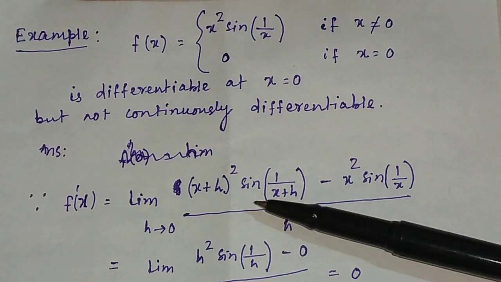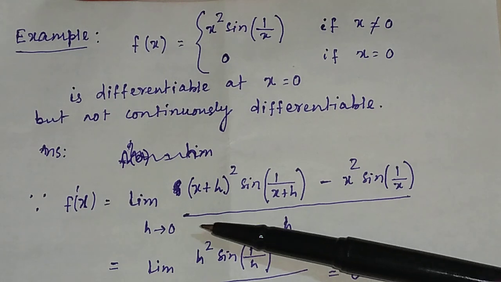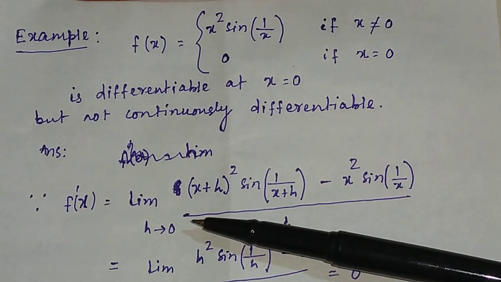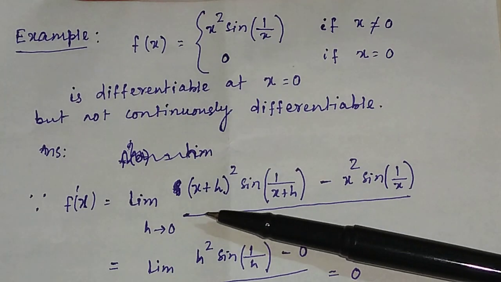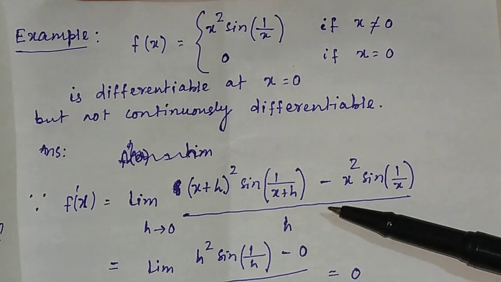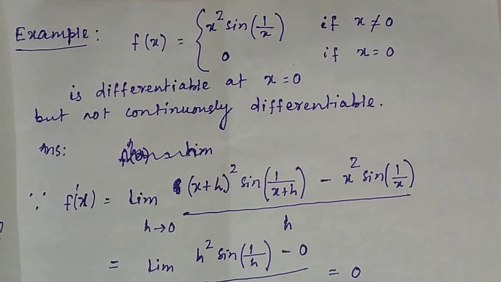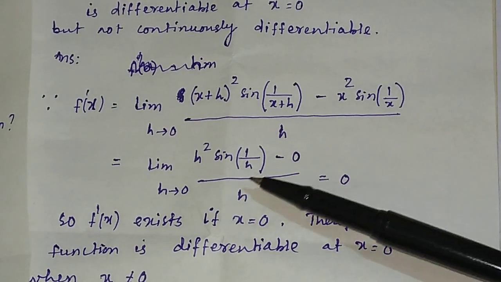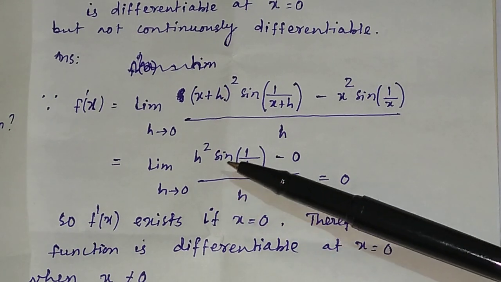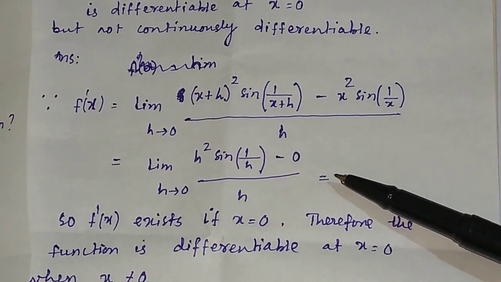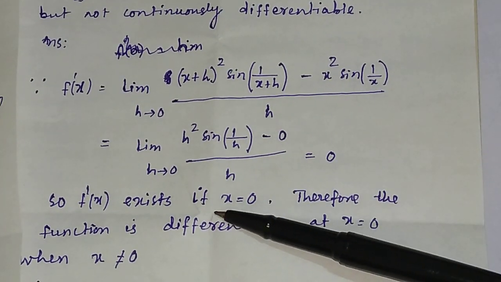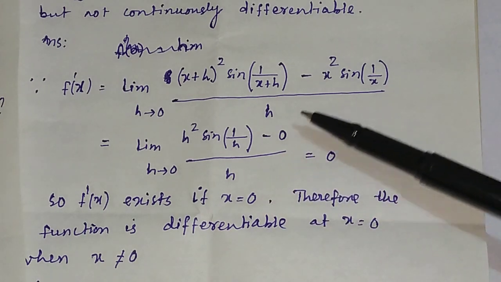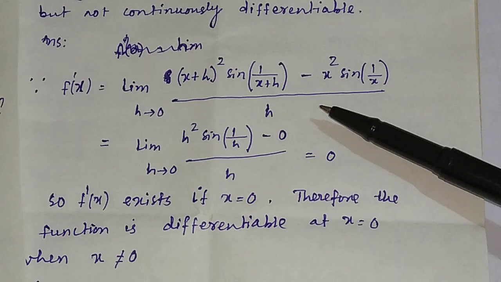You put the same formula that we have discussed to find the first derivative: limit of f of a plus h minus f of a, divided by h, as h approaches 0. What will be the value? The value of this first derivative will be equal to 0. So the first derivative exists at x equal to 0, we have verified it. Therefore, the function is differentiable at x equal to 0.